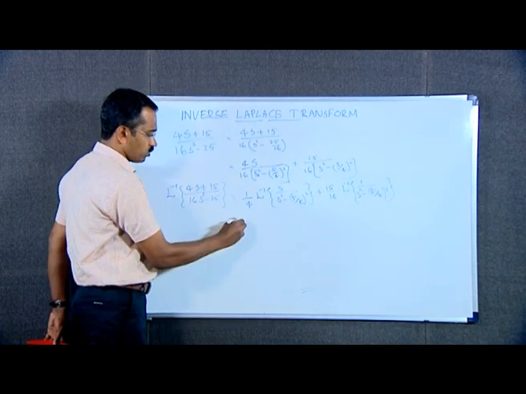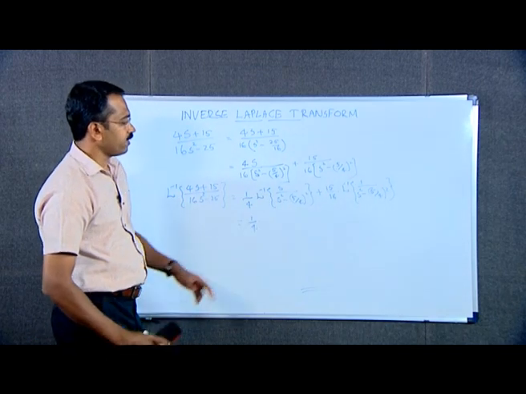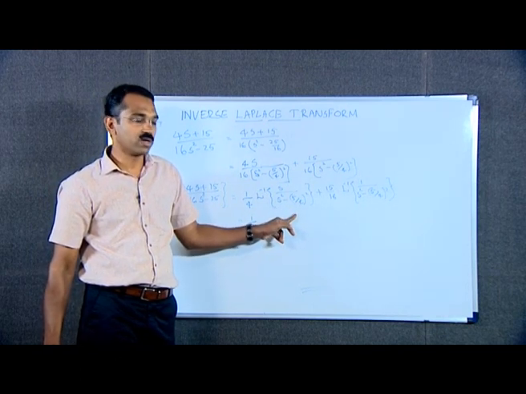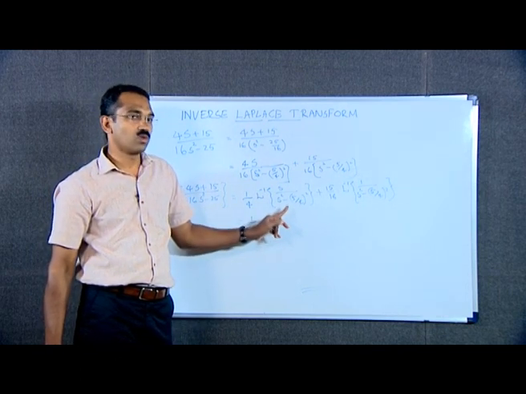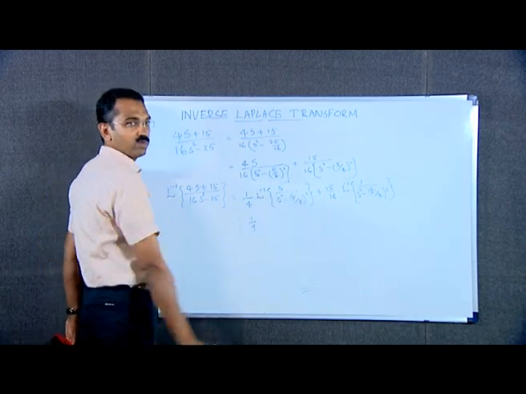This is equal to 1 by 4 into L inverse of s by s square minus a square is cosh at. Therefore, here instead of a it is 5 by 4.